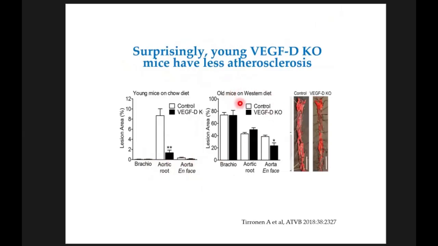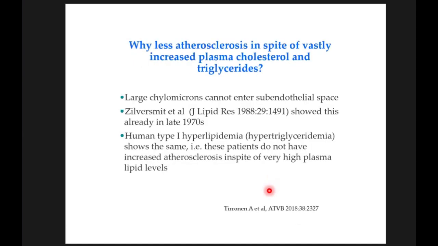Then when you go to the 1-year-old mice, the situation seems to level off. But there was clearly a surprising finding that regardless of 60-70 millimoles of cholesterol, these animals didn't have very much atherosclerosis. And actually, those of us who are old enough to remember Silversmith and his studies, it seems to be the situation that these chylomicrons are way too large and they can't enter the subendothelial space.